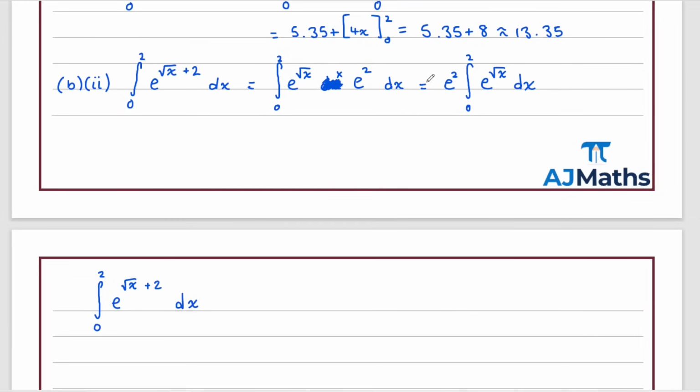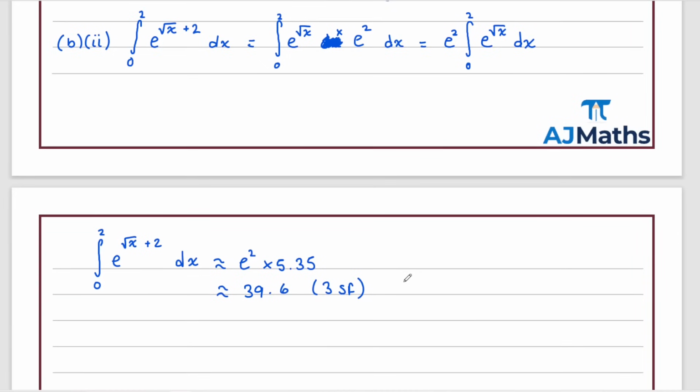Like I said, this is going to be approximately e squared times this integral here, but this is 5.35 approximately. So we've got e squared times 5.35. So just put this into your calculator here. And what you should find then is we get approximately 39.6 there. Okay, and that is to 3 significant figures as well. Okay, and there we have it.